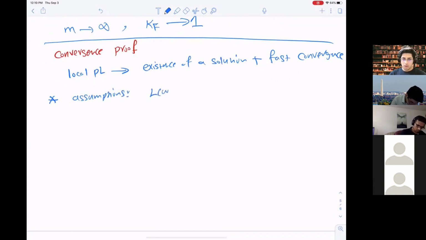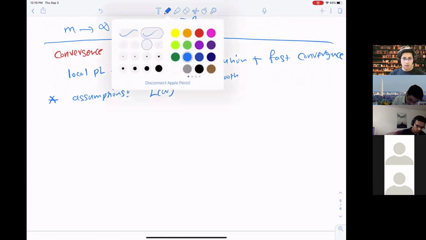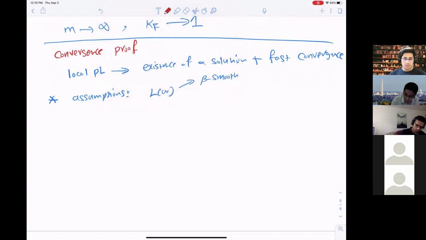I'm going to assume my loss is beta smooth. What do I mean by that? I mean the Hessian eigenvalues are bounded by beta.